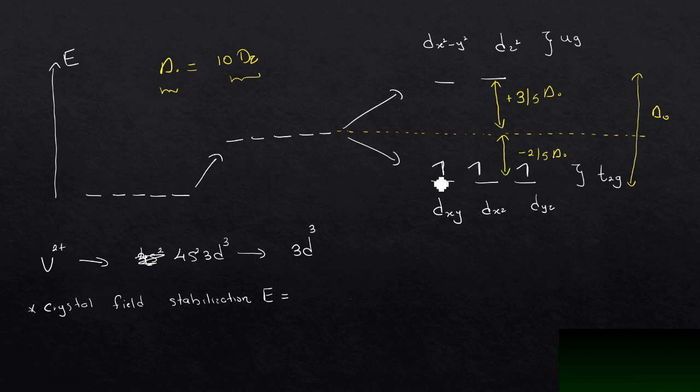Here, as you can see, we have 3 electrons in the t2g level. What's the energy value for the t2g level? Minus 2 over 5 delta O.